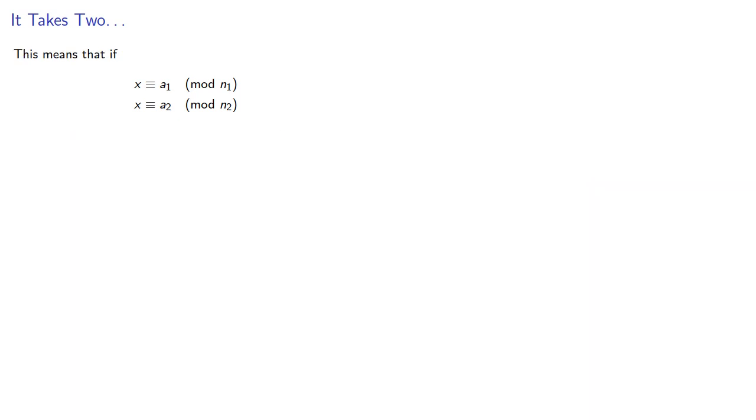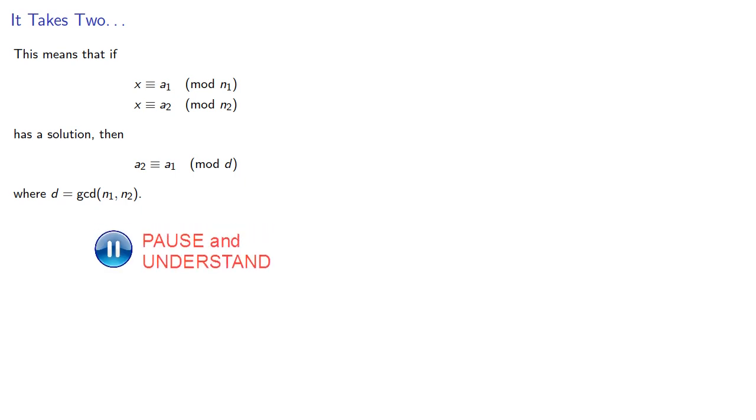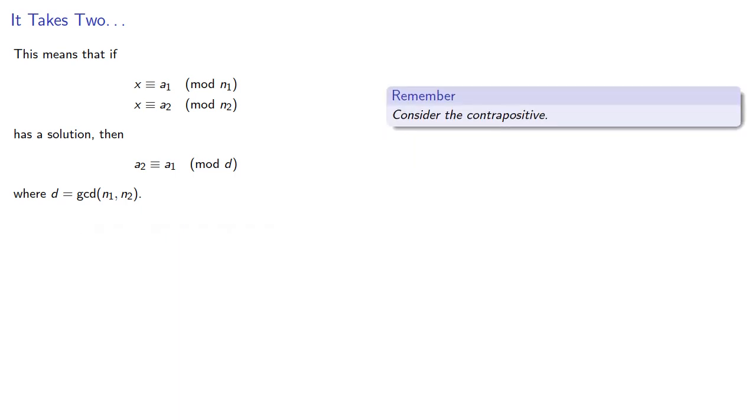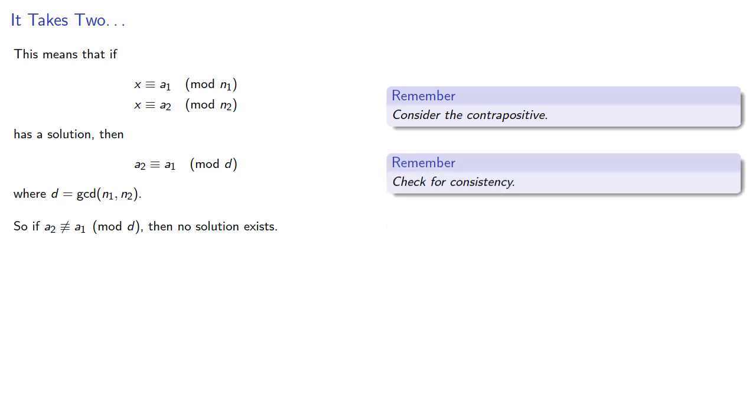Putting this all together, this means that if our system of congruences has a solution, then the congruents have to be congruent mod the greatest common divisor of the moduli. Now remember, consider the contrapositive. If this doesn't happen, then no solution exists. And a useful strategy for familiarizing yourself with mathematics is check for consistency.